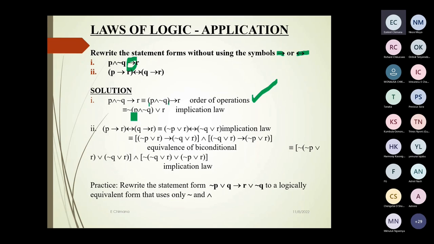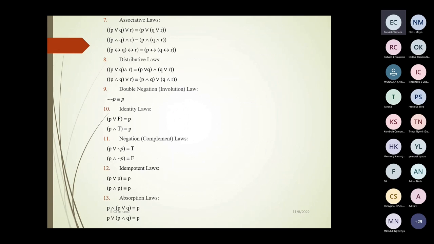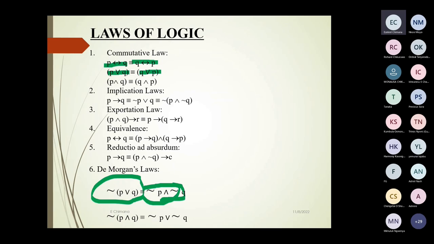How? You can just put a negation on the P, and then you put an or here, and then you put your Q. I think this is the law. If you go to the implication law here, P implies Q, you can put negation P or Q. So everything on the left hand will be our P, and everything on the right hand, which is our R, will be our Q, something like that.